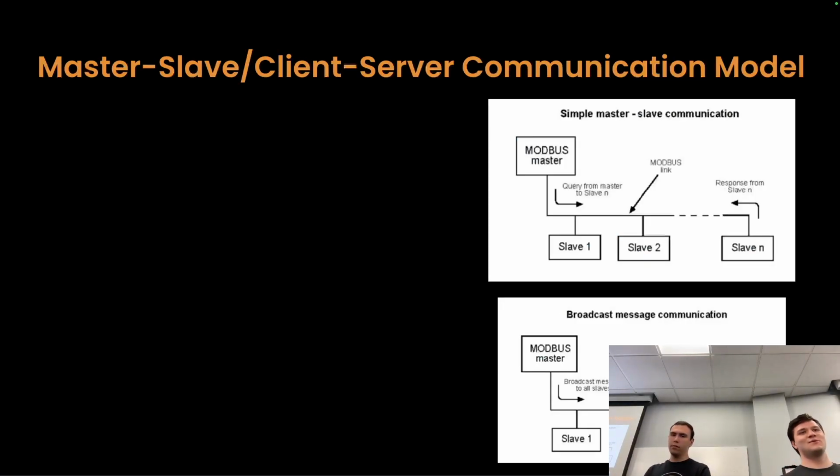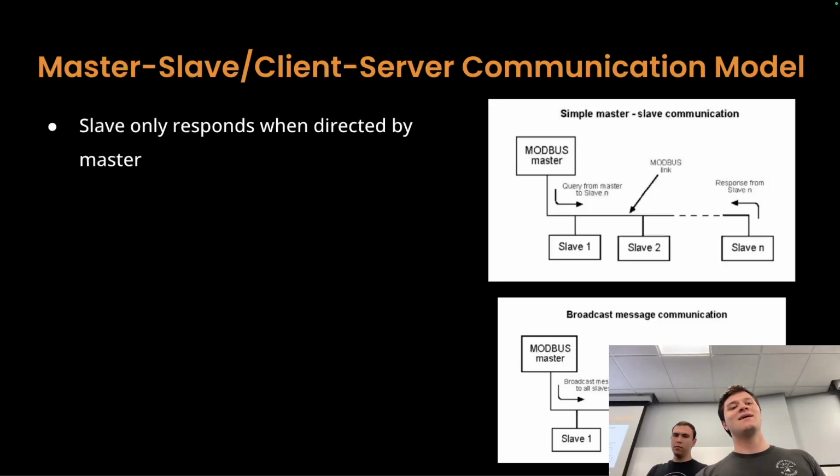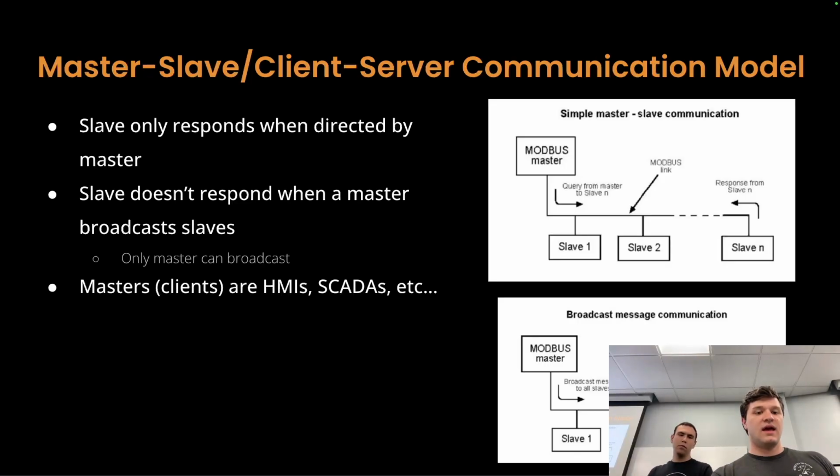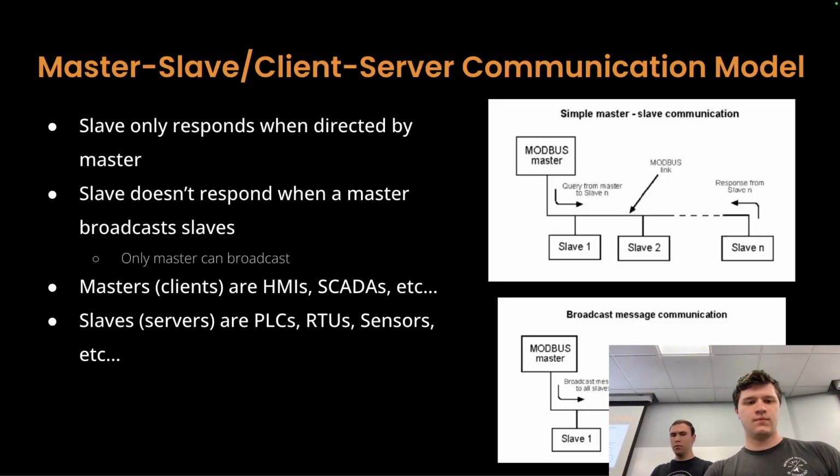Going more into the master-slave communication model, as I already said, the slave only responds when directed by the master, and it doesn't respond when a master broadcasts to all of its slaves. Also, the master can only broadcast, so the slaves will never send data toward the master in any case. It's only when they're actually spoken to.